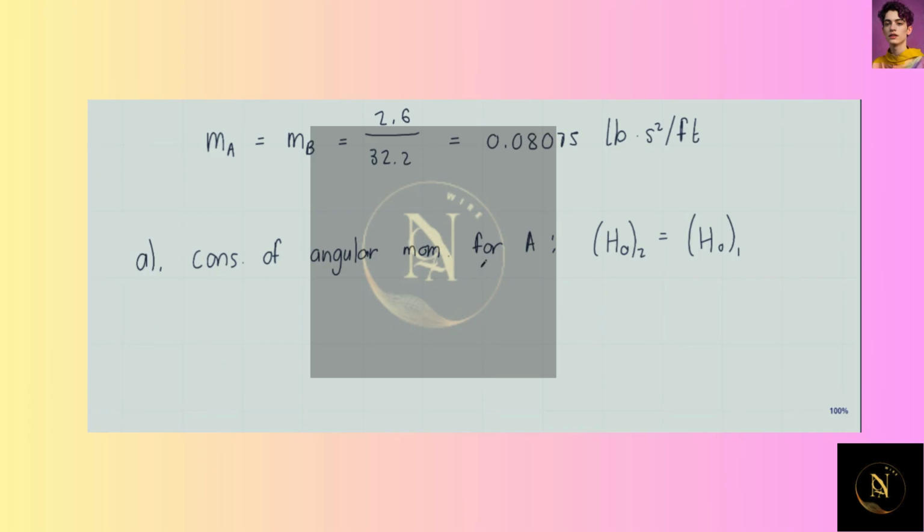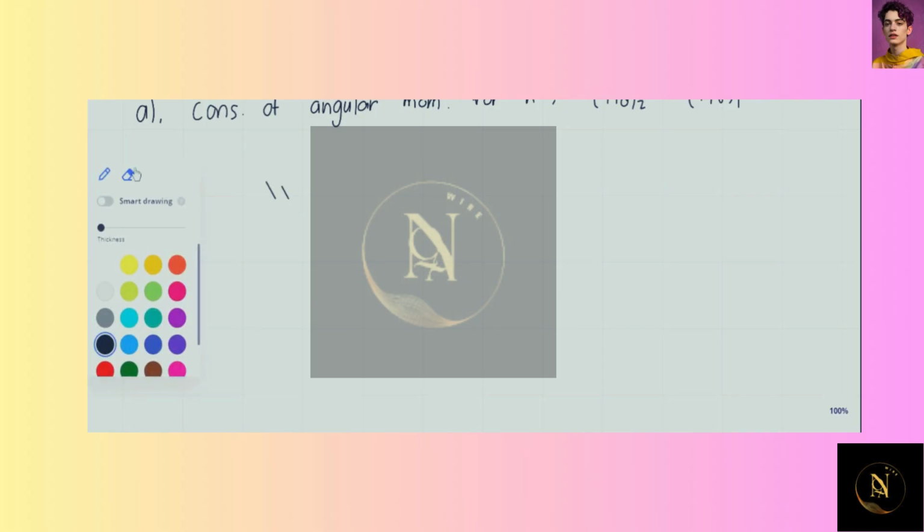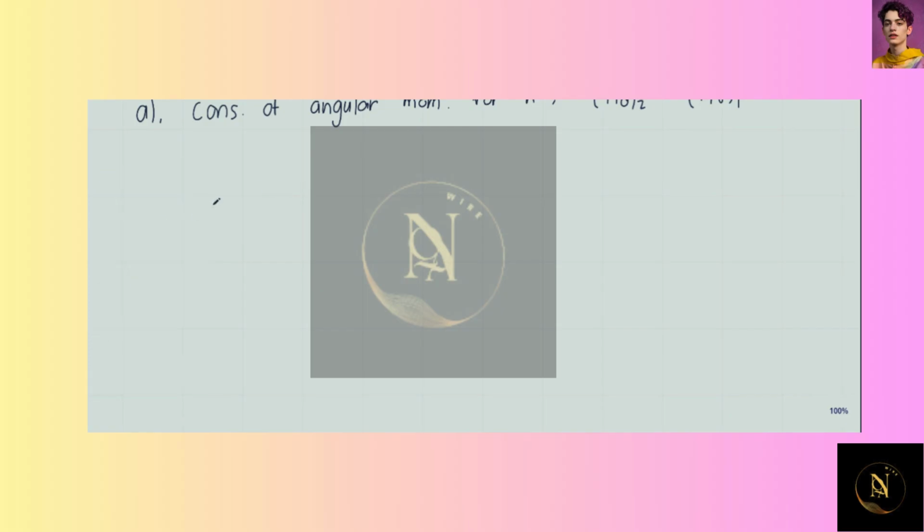So HO2 must be equal to HO1. So if you write this in equation form, this is MA R1 V theta 1 is equal to MA R2 and the transverse component of the velocity V theta in state 2.